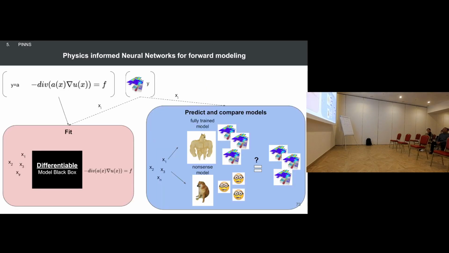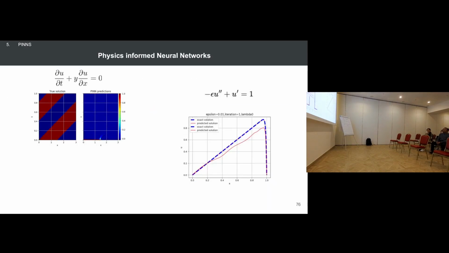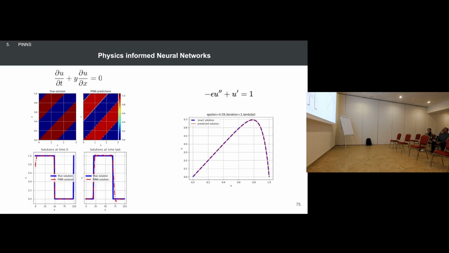Just a comment, because I have a comment on this. Here are some examples we have been working on. It's just the transport equation, the position, the time. You have a characteristic function that will propagate because you have just a transport, it will move. And we want to learn it with physics-informed neural networks. So you sample the domain and it will learn.